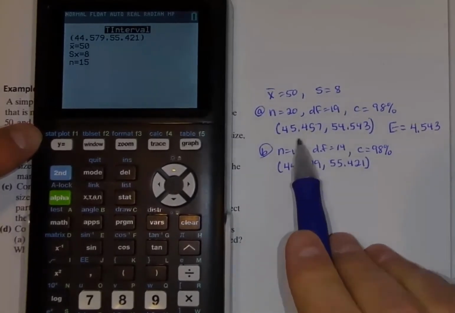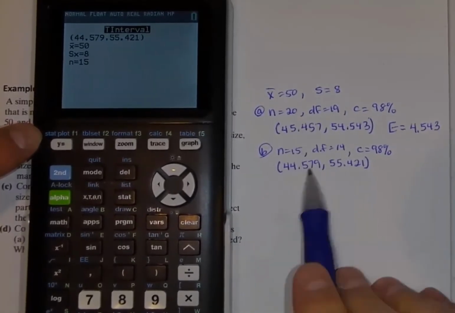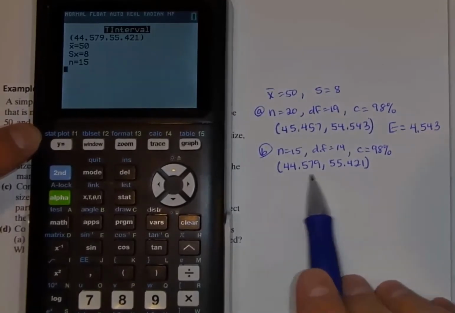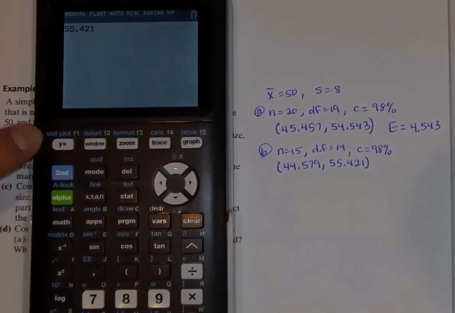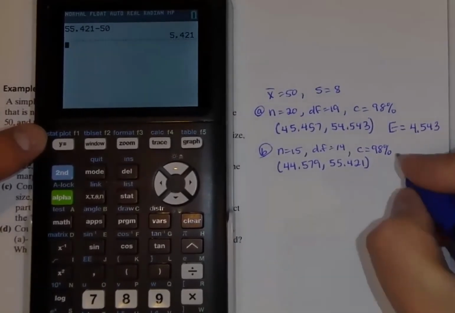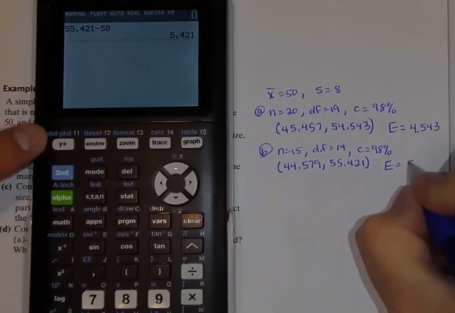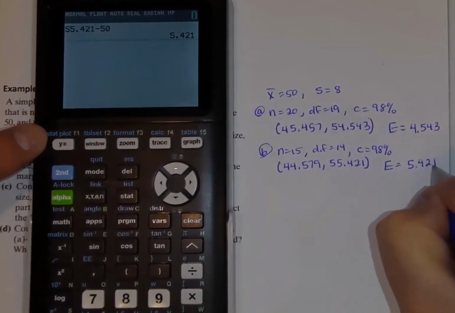So dropping the sample size from 20 down to 15 widens my confidence interval. If I take 55.421 minus 50, that is my margin of error, so that is 5.421.